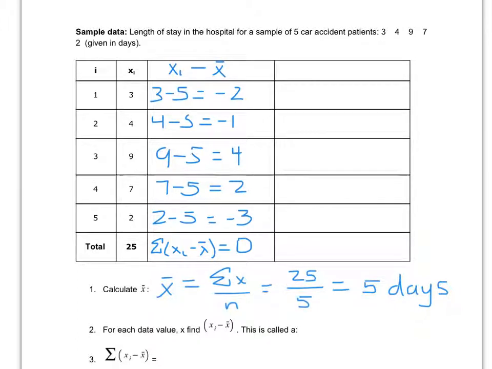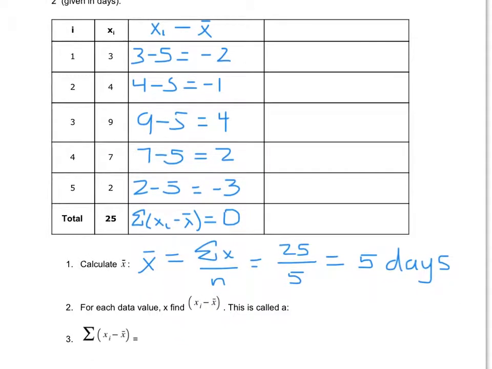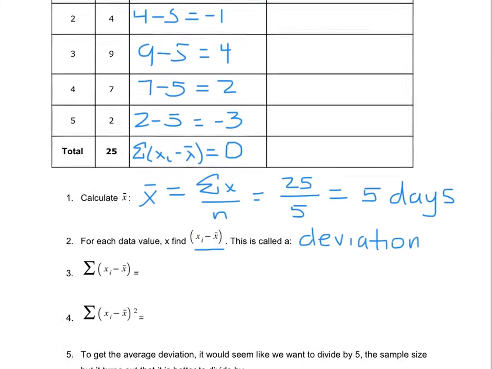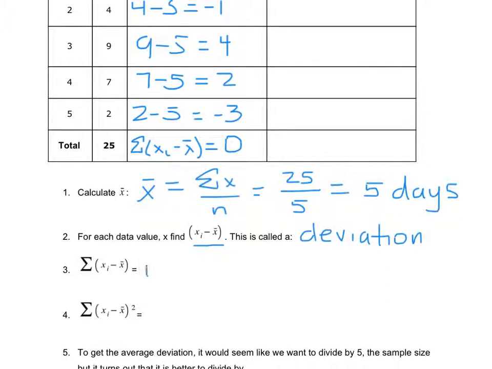So if we want some kind of measure of the average deviation, we have to do something to that deviation so that it doesn't have negative numbers and isn't going to cancel itself out. Let's go through our list here. For each data value, we found this difference, and we want to name it a deviation. The sum of those deviations is 0, and it's always going to be 0 for any sample data set.